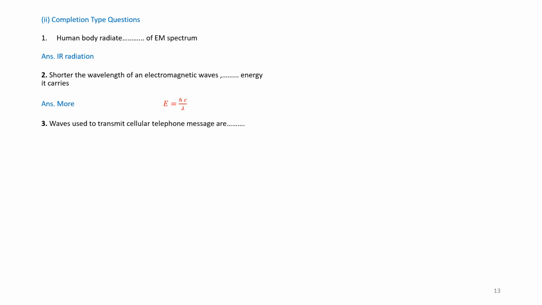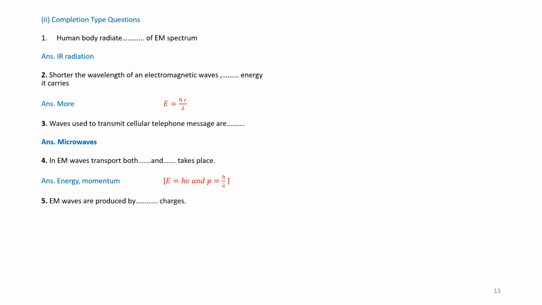We have to remember this. Waves used to transmit cellular telephone messages are microwaves. Electromagnetic waves transport both dash and dash: energy and momentum. Electromagnetic waves are produced by accelerated or oscillating charges.